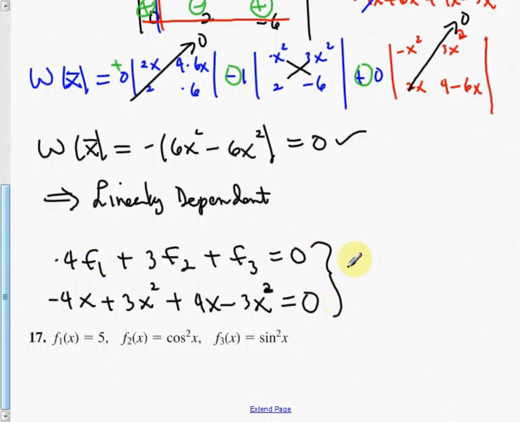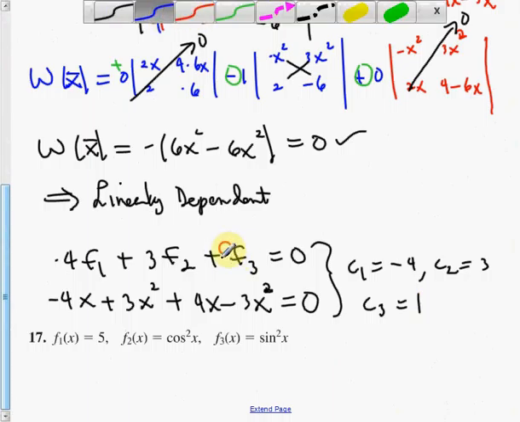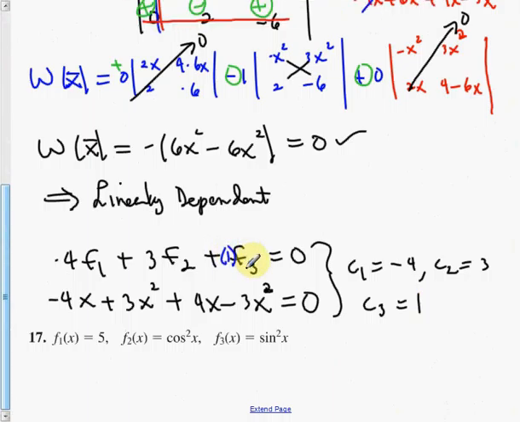Because c sub 1 is equal to negative 4, c sub 2 is equal to 3, and c sub 3 is equal to 1. Right? There's a 1 times f sub 3. We said that for functions to be linearly dependent, it means that the linear combination of the functions with constants equal to 0 implies that not all the scalars are 0, thus linearly dependent.